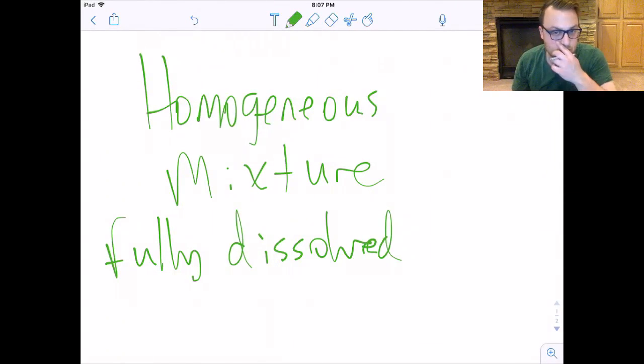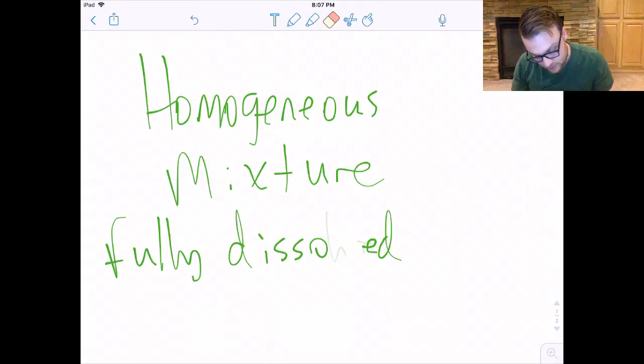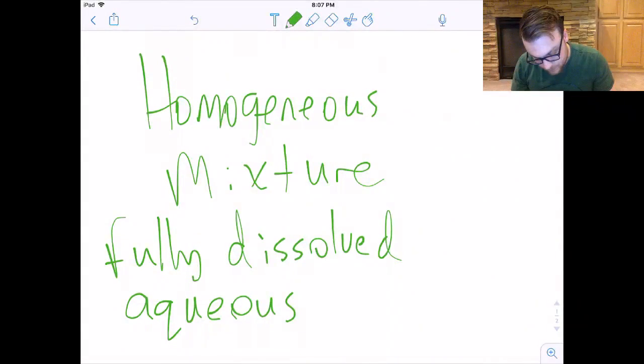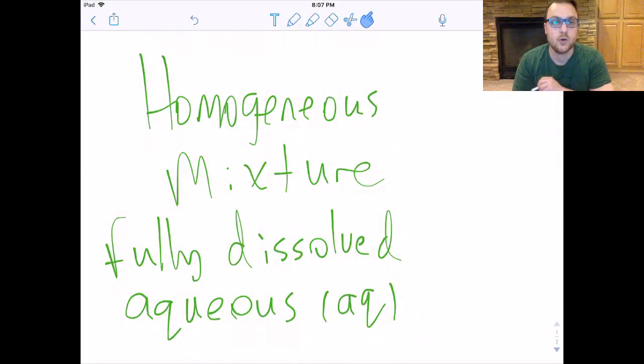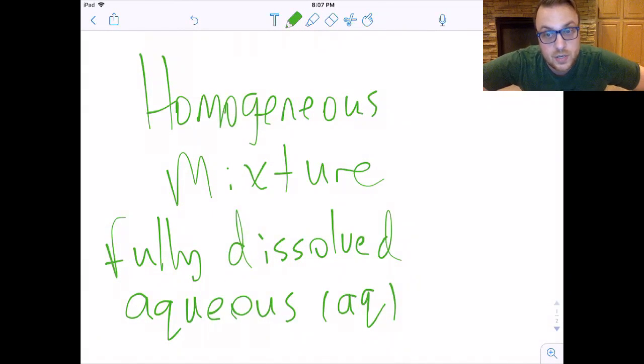Pretty much every solution that you'll see in chem is mixed with water, so you'll see the abbreviation aqueous. You don't have to see aqueous. You can have homogeneous, uniform mixtures that are not mixed in water, but for the most part in chem, they're going to be aqueous, which means they're mixed with water.